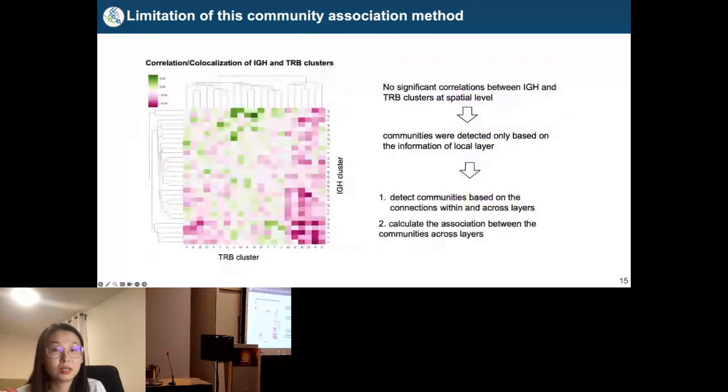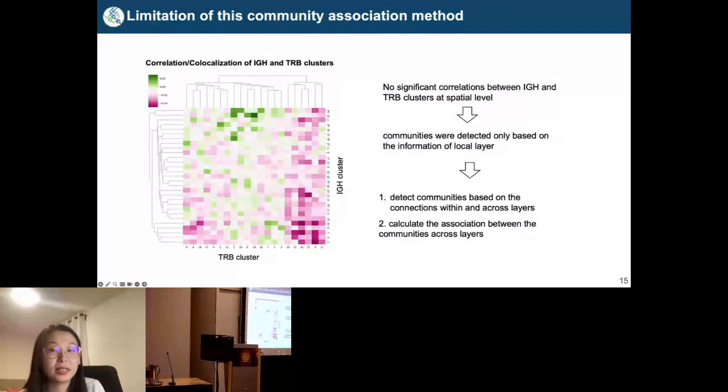However, with the current pipeline, it's hard to find any significantly positive correlation between IGH and TRB clone clusters at the spatial level. This is because the clusters were defined on each layer independently.